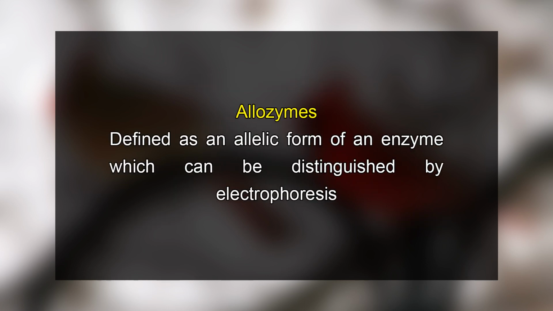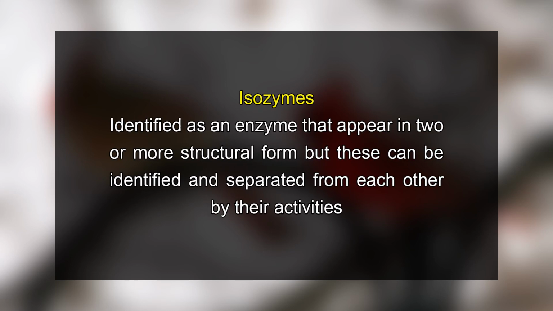Allozymes can be defined as an allelic form of an enzyme which can be distinguished by electrophoresis, although it is an enzyme that is coded by different alleles at the same locus. Isozymes can be identified as an enzyme that appears in two or more structural forms, but these can be identified and separated from each other by their activities.